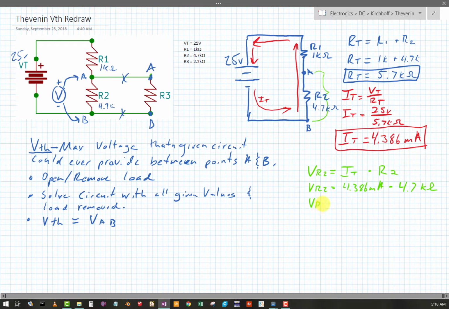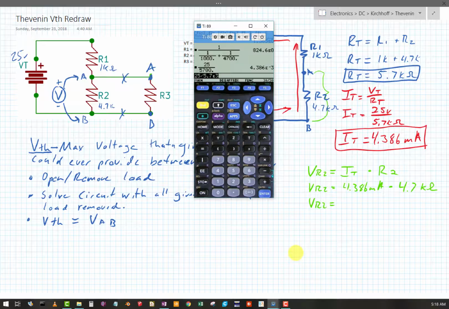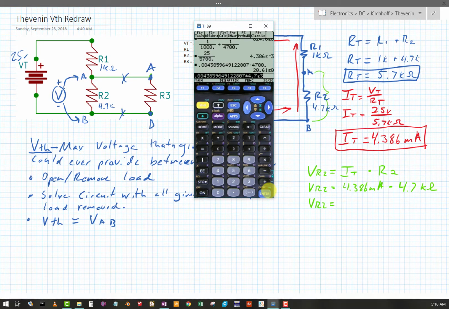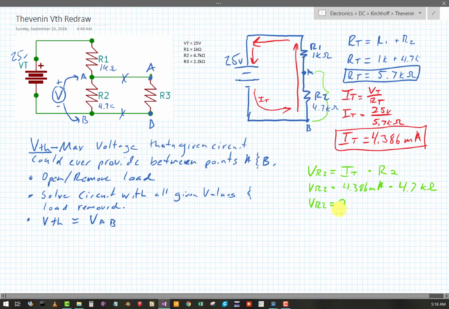Okay, VR2 equals, bring back the old calculator here, that current that we got before times 4.7 e to the third equals 20.61 volts. Alright, well, let's hang on to that number. That should be our Thevenin, so let's hang on to it.